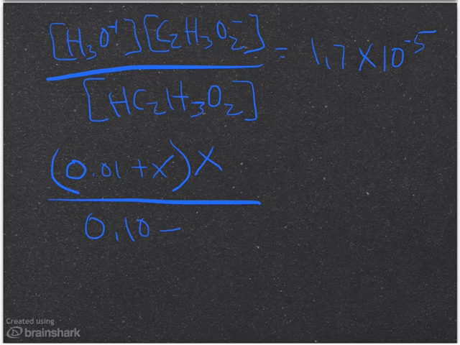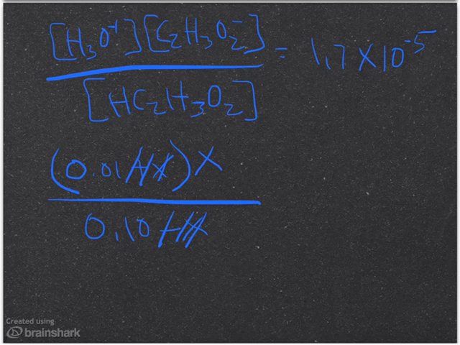0.10 minus X. Now, as we've dealt with this previously with other acid-base equilibria, the plus X and the minus X, the change, we're assuming the change is so small that it's not really going to have an effect, so we can get rid of that.